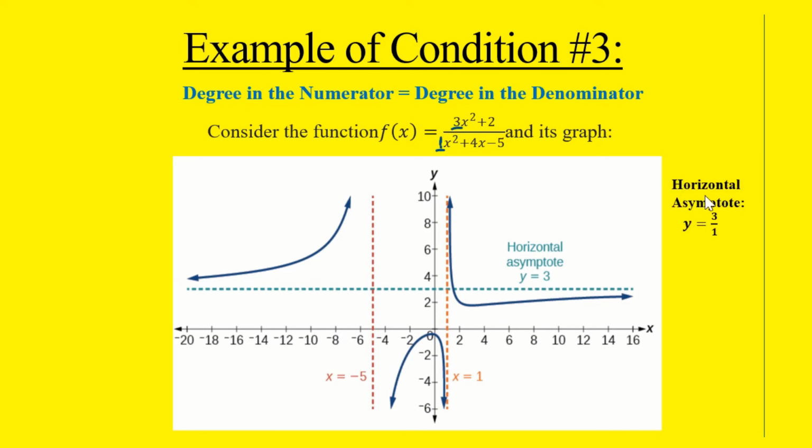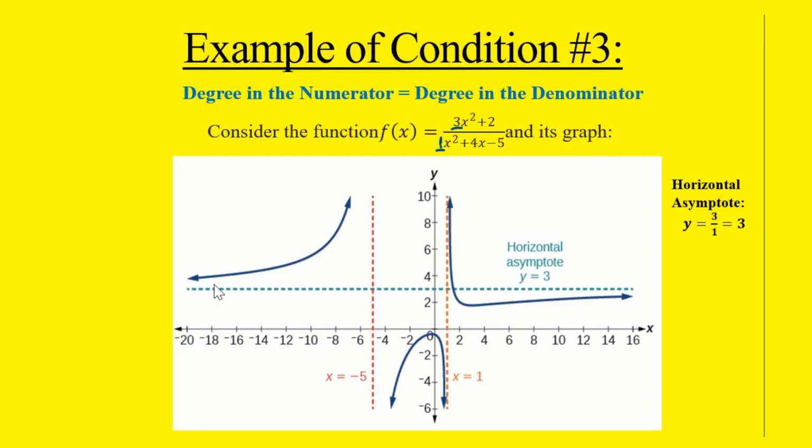And so therefore, the horizontal asymptote would just be the leading coefficient of the numerator, which is 3, over the leading coefficient of the denominator, which is 1. And so if we can simplify, then we will do that, which just simplifies to 3. So therefore, we have a horizontal asymptote at the equation y equals 3.